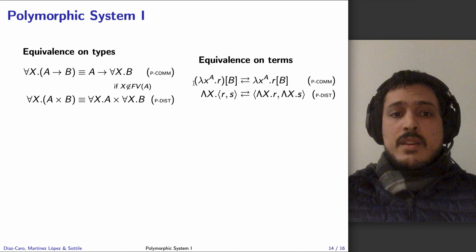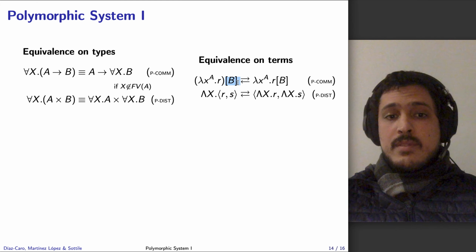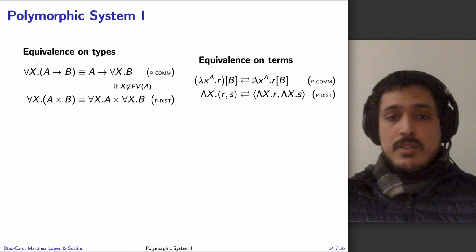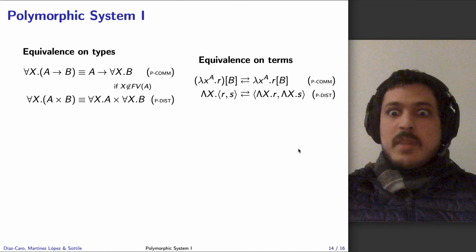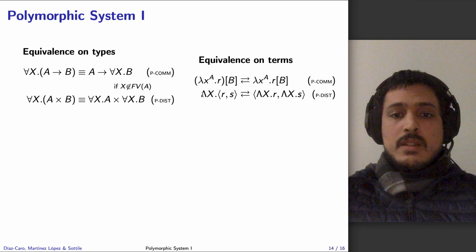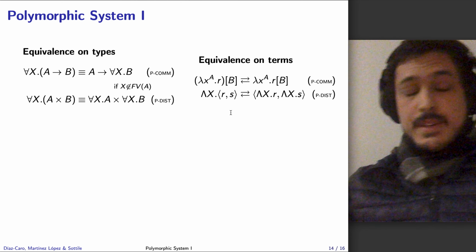For example, if we have an abstraction that is being applied with a type, then it means that the abstraction of the type is actually here. So we can jump over this abstraction and directly apply the type application within the value of the function. And this acts the same as the distributivity of the type of the arrow with respect to the product.